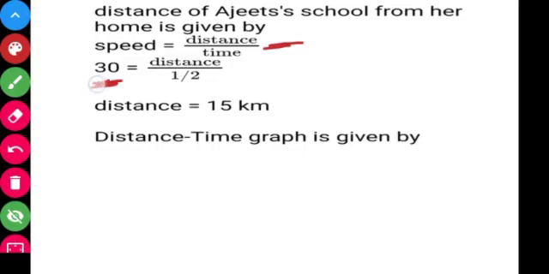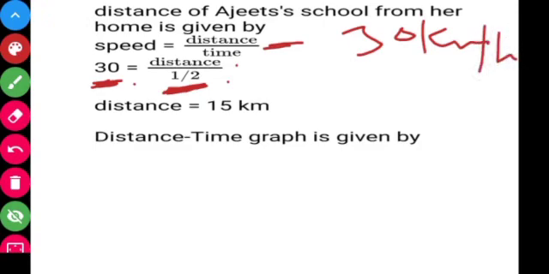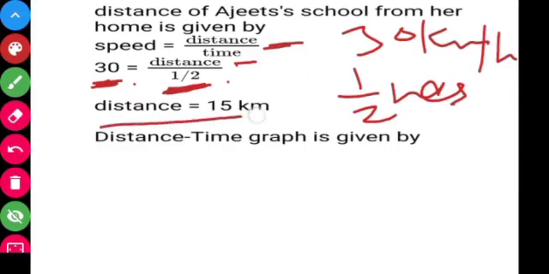So 30 is equal to distance upon half, therefore distance will be 15 km. That means the distance of Ajita's school from her home is 15 km.